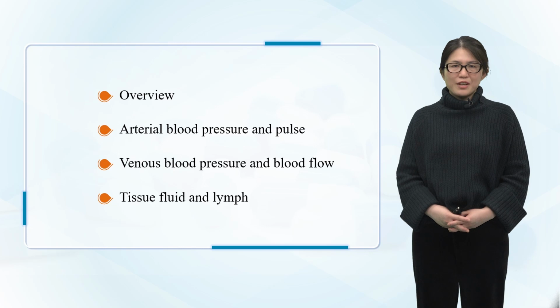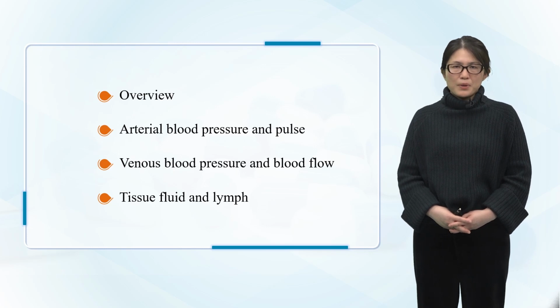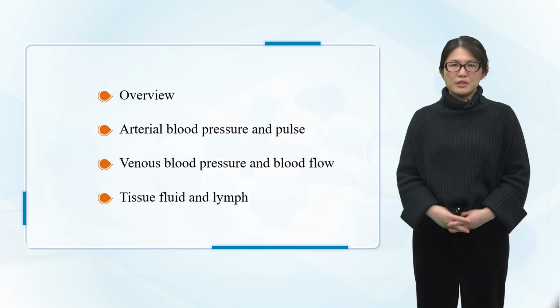The lymphatic system participates in the return of tissue fluid, and the lymph fluid in it flows from the periphery to the heart, and finally into the veins, thus assisting the blood circulation. This section learns from the following four aspects: overview of blood vessels, arterial blood pressure and pulse, venous blood pressure and blood flow, tissue flow, and lymph.